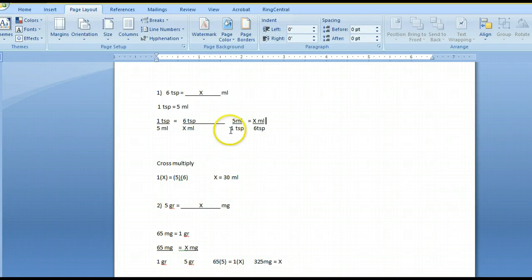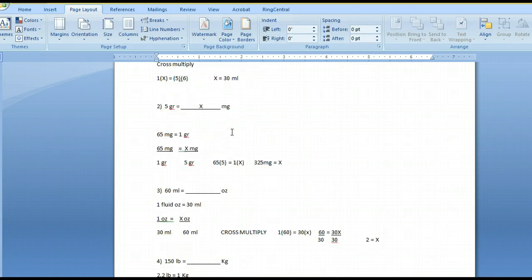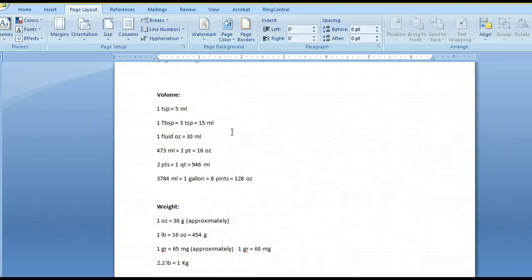But here it's a 2-page document where I have some sample problems. And then on the second page I have some conversions for volume and for weight. You can find various conversions like this and more in your book and on the internet. But here are just some that I went ahead and reproduced for you for purposes of working these problems.